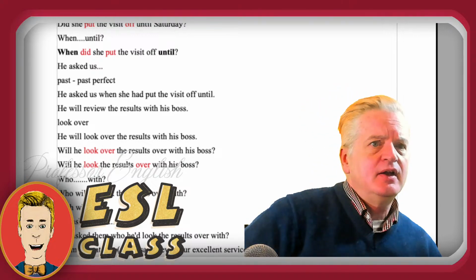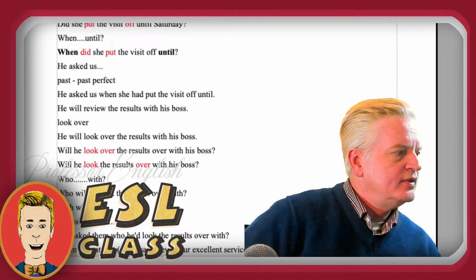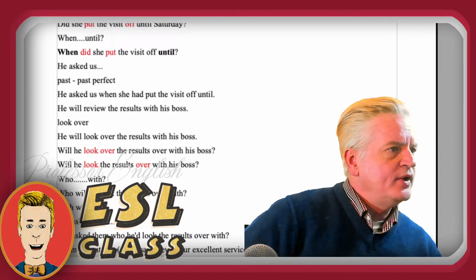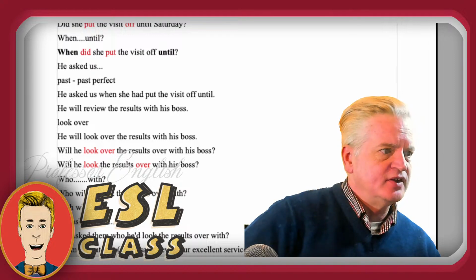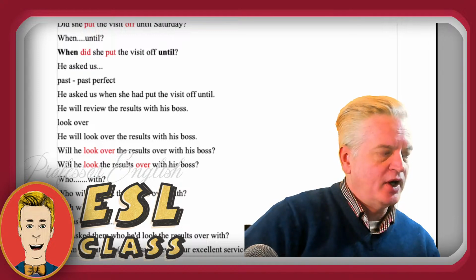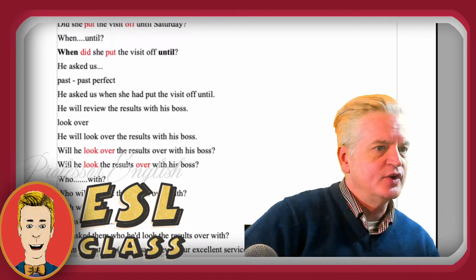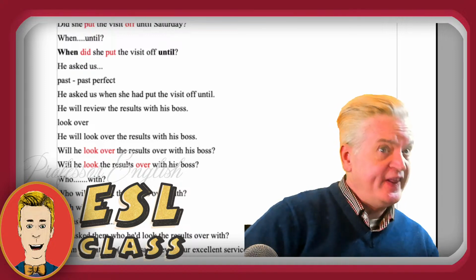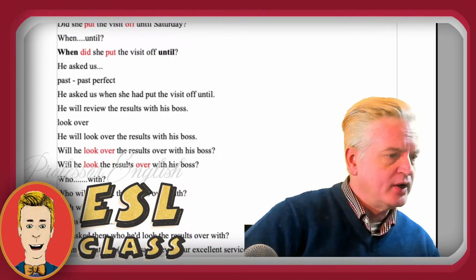How would you make a yes-no question with that sentence? Mikhail has made an example where he says he will review the results for his boss. What's the difference between saying review the results with his boss and for his boss?